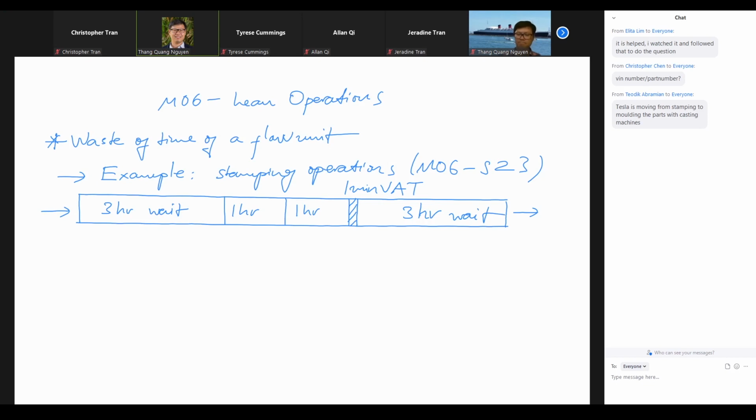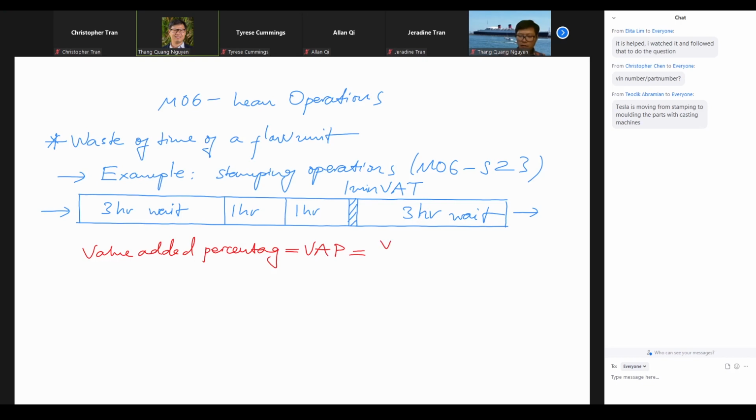Right? So in this process, we see a lot of wait time. And the question asks us for the value added percentage, or VAP.